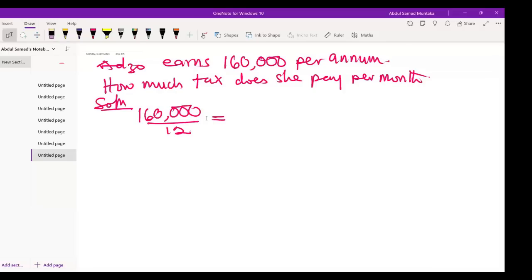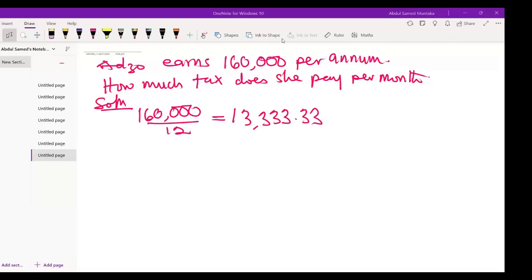If you divide 160,000 by 12, you will get 13,333.33. This is the amount on which we are going to calculate tax.